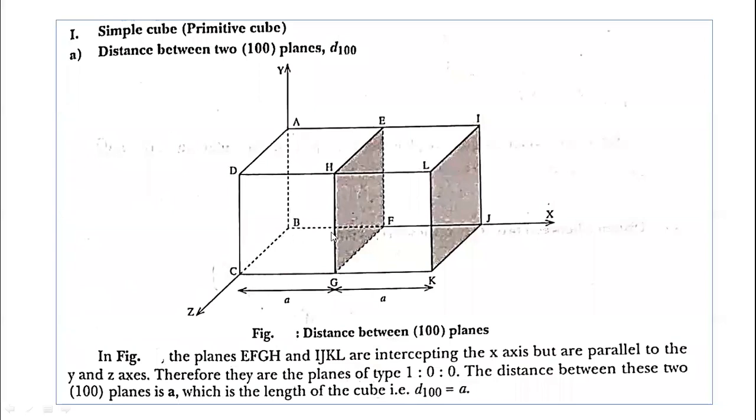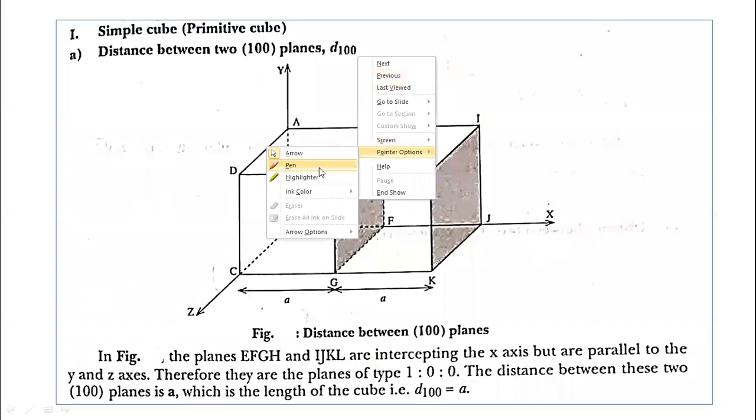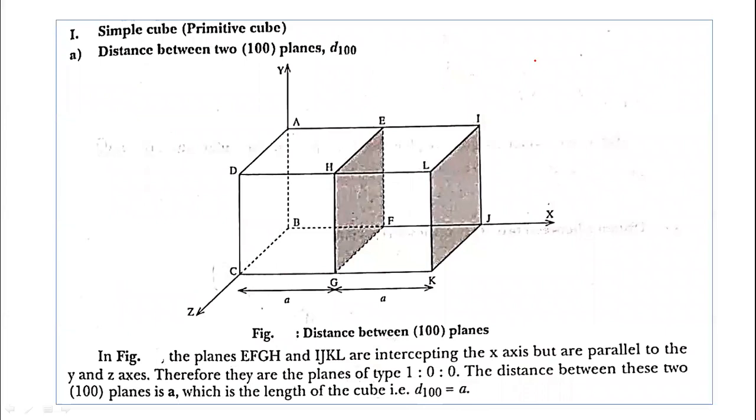It is a cube, with the three axes, X, Y, and Z. Now the plane IJKL, it is a 100 plane. Why is it a 100 plane?